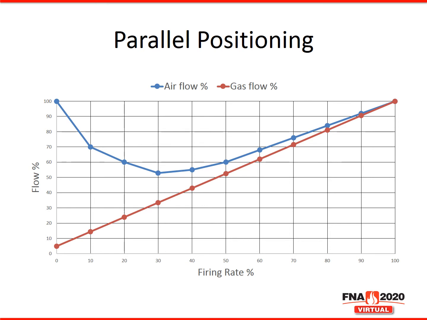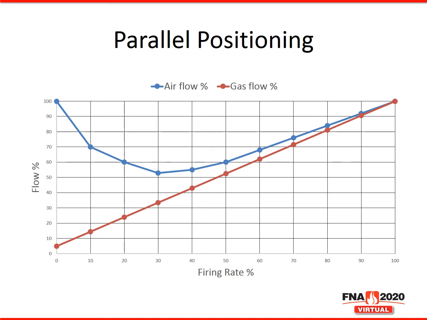At low firing rates, excess air is added. There is a trade-off between running efficiently at low fire and adding excess air at low fire to meet the temperature uniformity. We can keep adjusting the air actuator until a balance between fuel efficiency and uniformity is found.